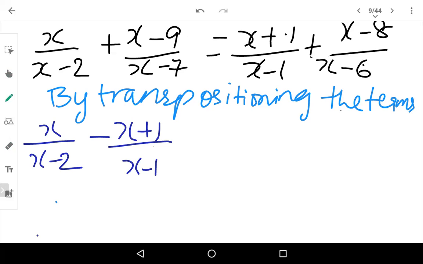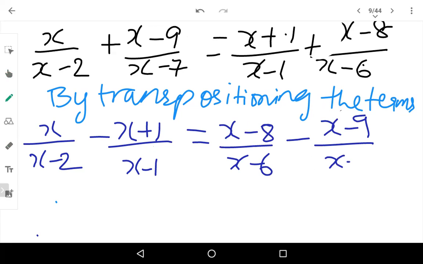Here it was plus on right hand side, now it has become minus, is equal to, I will keep this x minus 8 by x minus 6 as it is, and I am going to take this x minus 9 by x minus 7 onto the other side. So what will this become? Minus x minus 9 by x minus 7. I've just changed the terms from one side to the other.